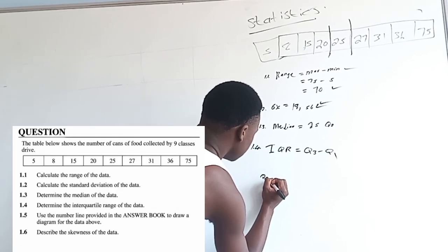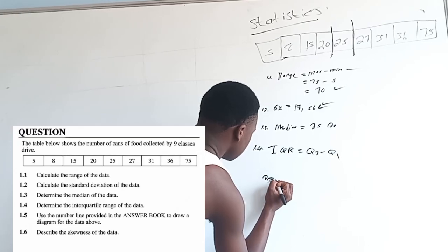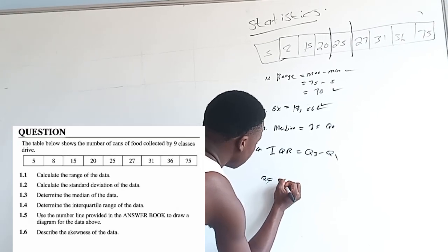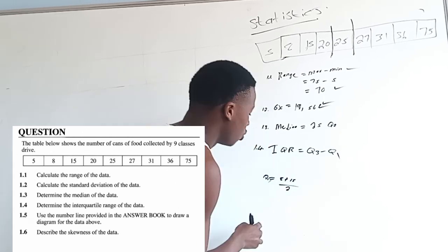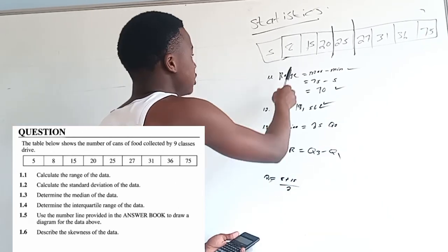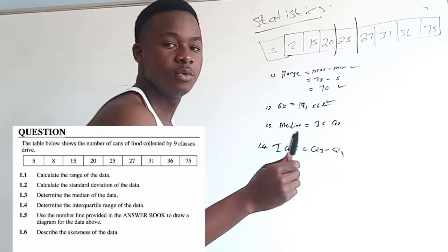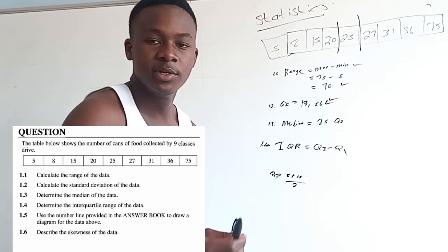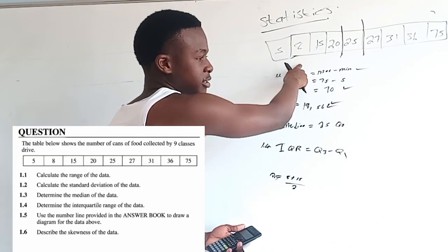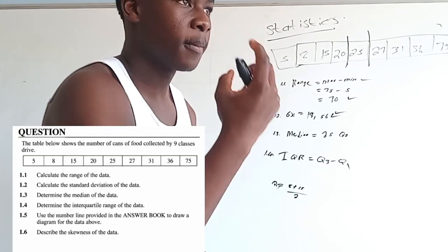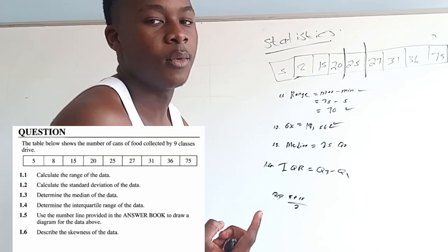So you say Q1 equals to 8 plus 15 over 2. Why are you dividing by 2? Because there are two terms. If here we only had three numbers, we were going to have only one term, which was going to be our Q1.